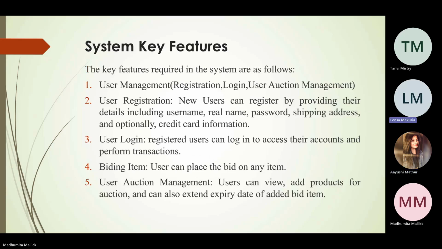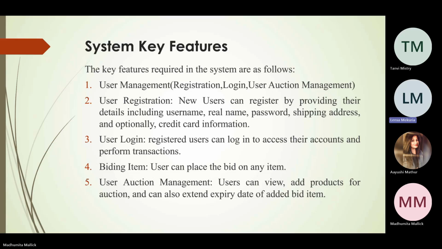So the key features are user management for registration and login, and user auction management. User registration is for new users, where they can register by providing their details, including username, real name, password, shipping address, and optionally credit card information.